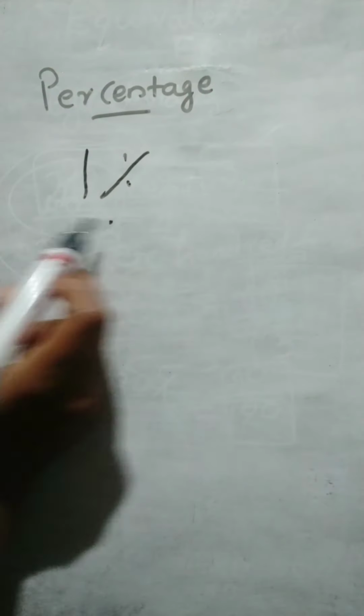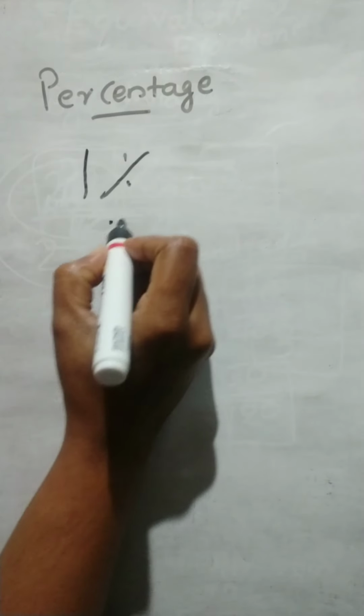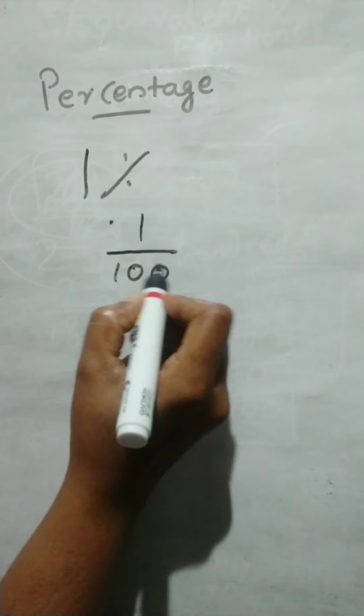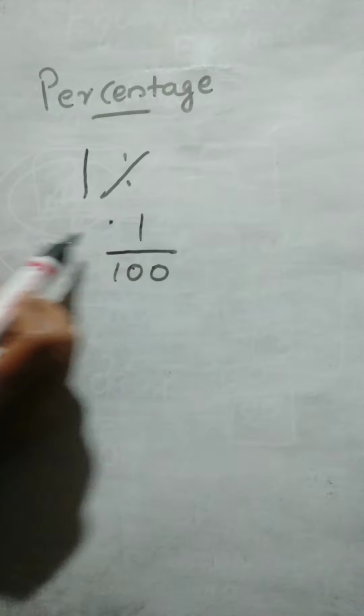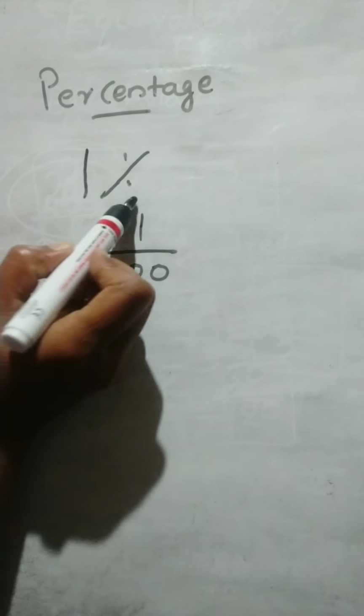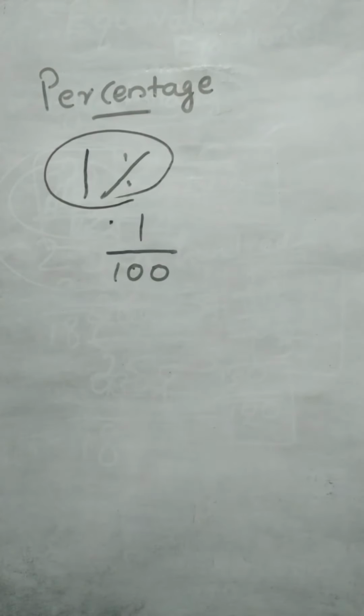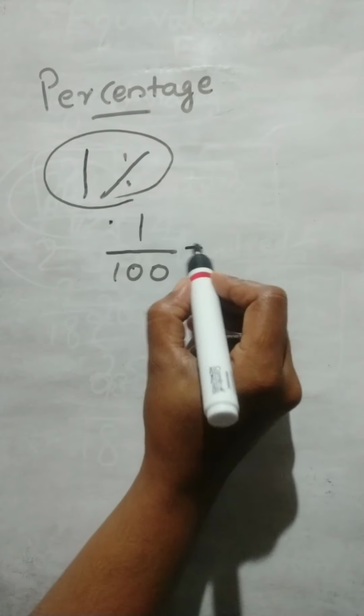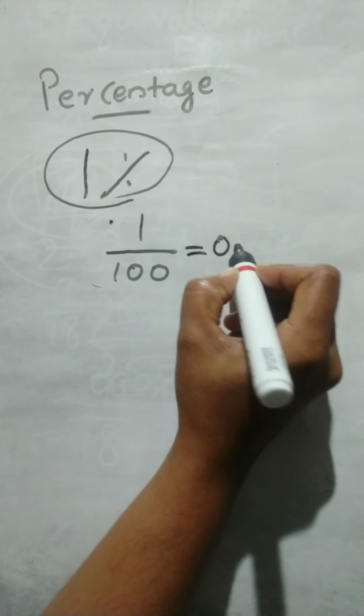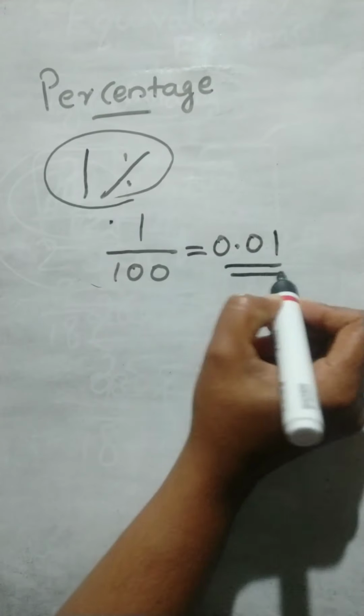1%. What is the meaning of this? We studied this means 1 on 100. This is the fraction form of 1%. Then in decimal, we can write it as 0.01. Why?